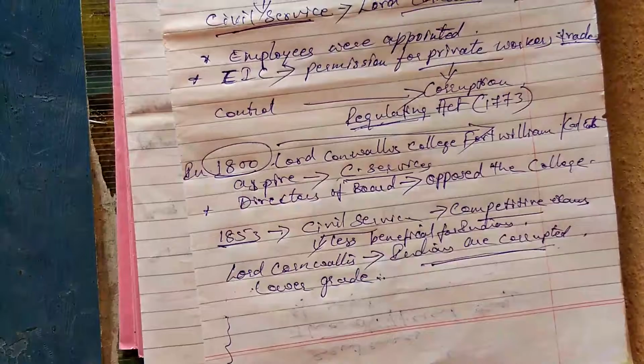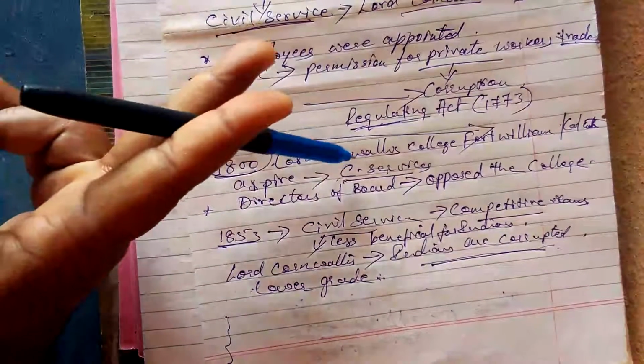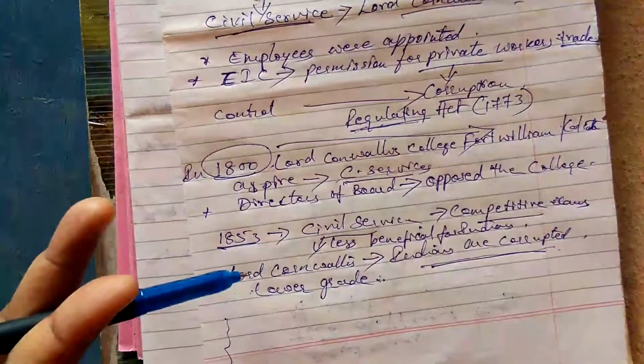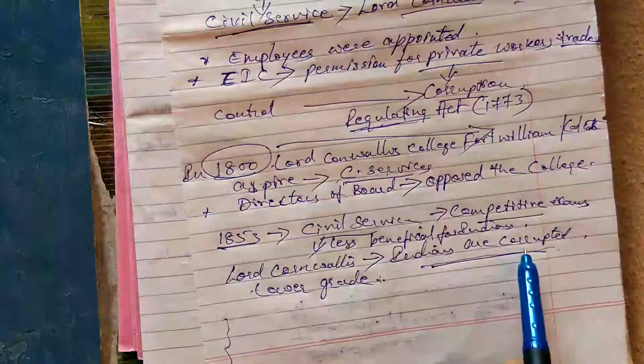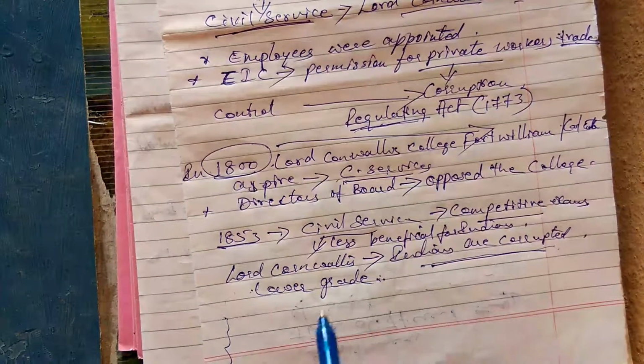So what we see in these points is that the civil service exams were introduced, but they were not encouraged in the beginning. Later they were encouraged from 1853. Though they were encouraged from 1853, Indians were not given much importance, as they believed that Indians were corrupted.